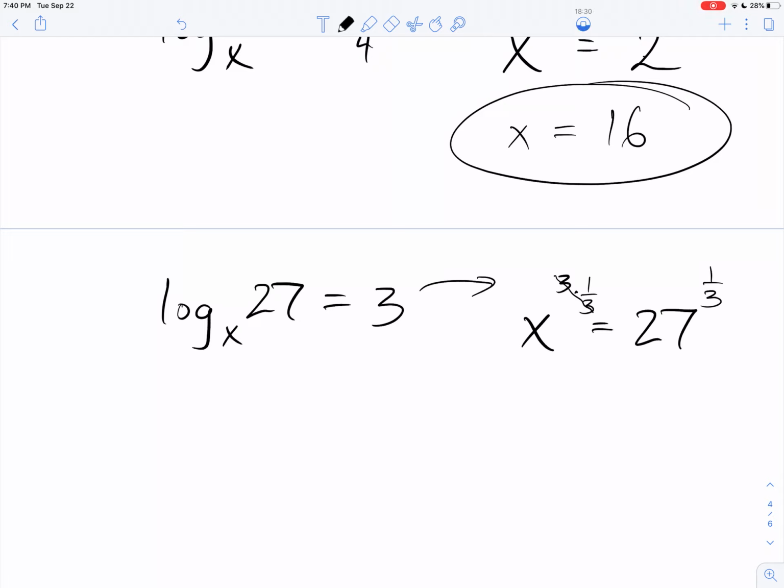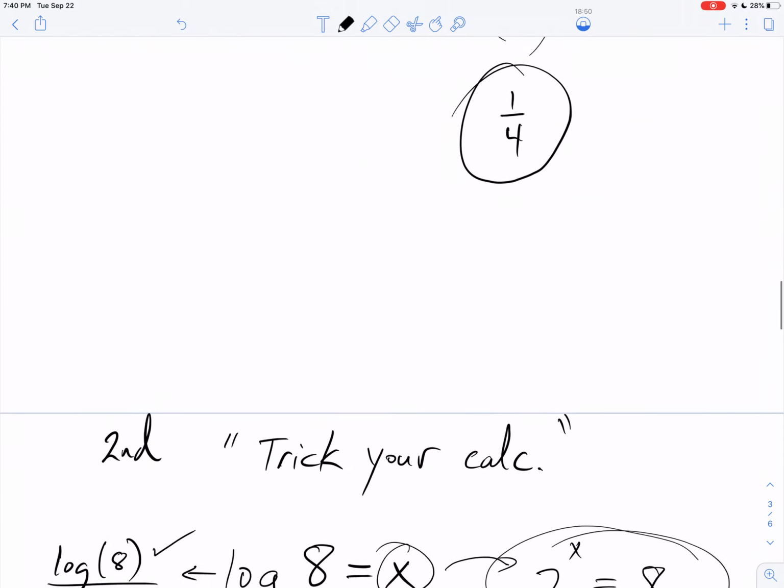Not 27 times 1/3. 27 to the power of 1/3. So if you punch that in on your calculator, you'll get 3, because this is a cube root. What times itself 3 times is 27? 3. What do you want me to do with that 3? Take it to the first power. Oh, it's 3.